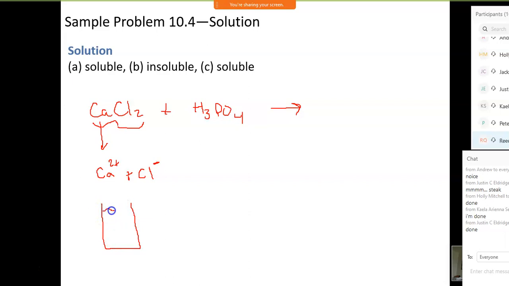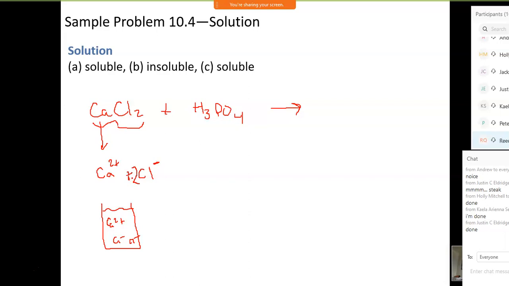So a good visual of this is you form a calcium ion and you form 2 chloride ions. And all you're doing here is just writing what the ion is, not how many of them there are or anything like that. If you want to put a 2 right there to balance it, that's totally fine. But like I said, right now I just care that you understand what the ions are and how you switch them.